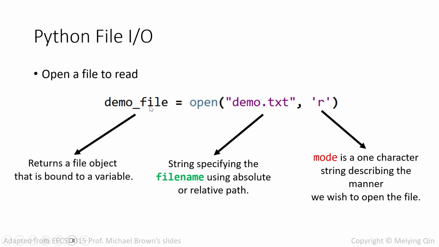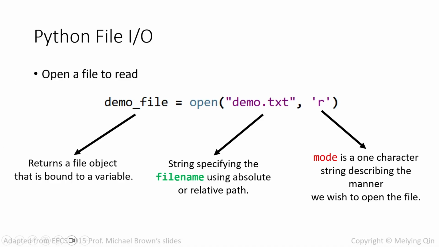Demo underline file is just the name of your object here. This returns an object which is bound to a variable, so Python creates a variable for this object. And then here you specify the name of your file. You can use either an absolute path or a relative path.